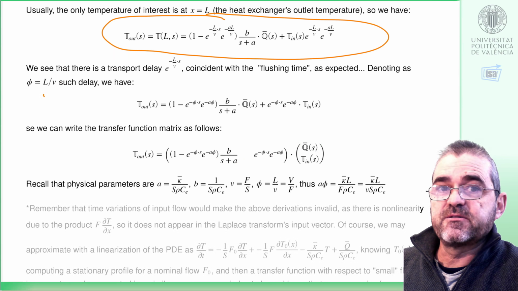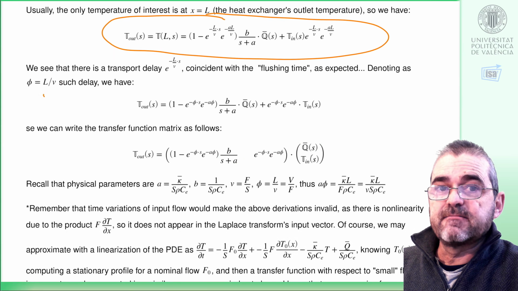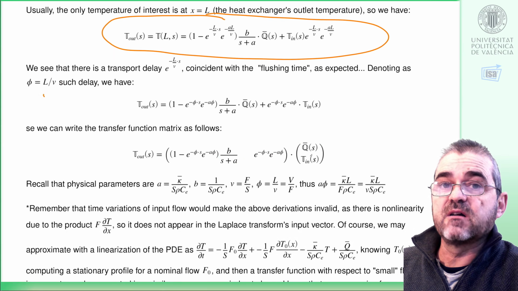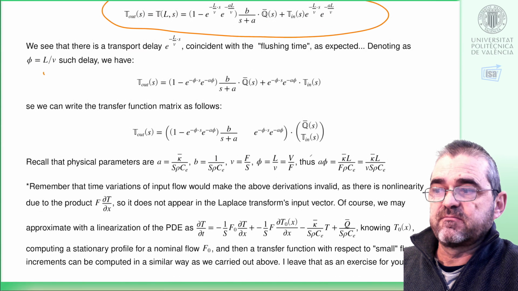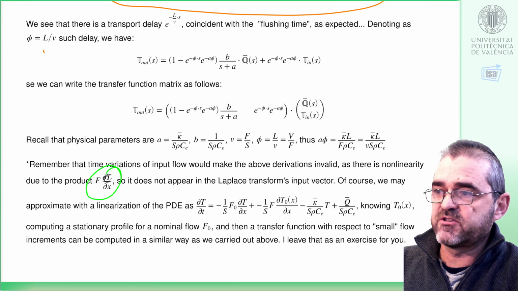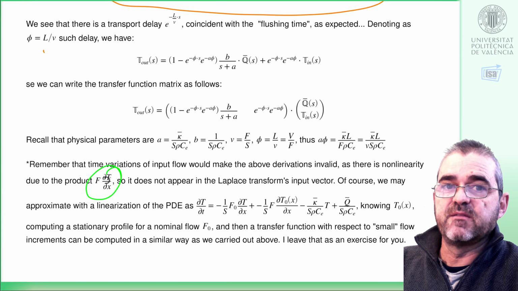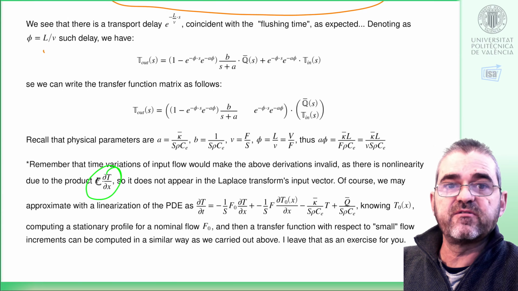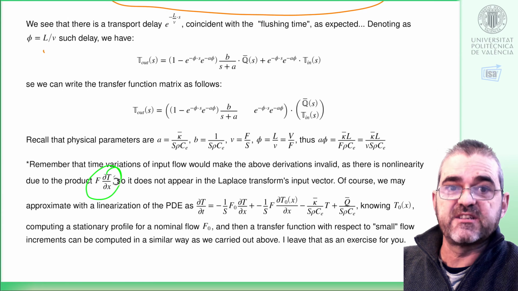As a last observation, all these developments are valid only for constant flow, because we had this product flow times temperatures or its derivatives that made it nonlinear if both flow and temperature are allowed to change.